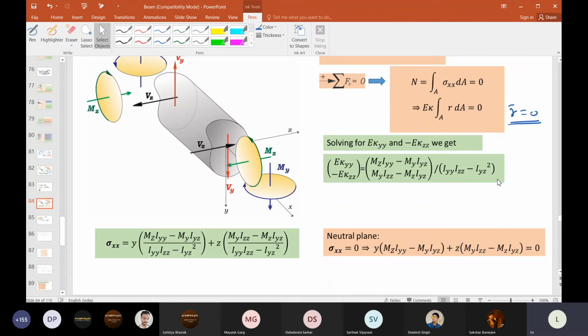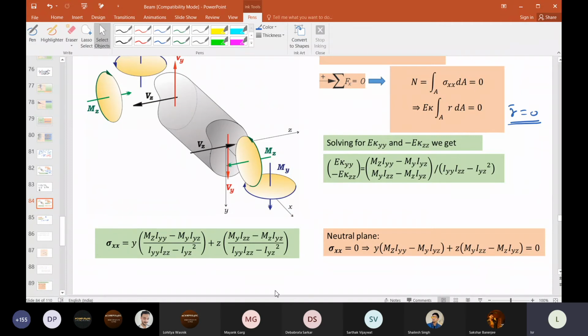Okay. Now, if I do that, the stress is given by y into E kappa yy. Y into E kappa yy you substitute, and z into E kappa zz you substitute. Because I am substituting minus E kappa zz, I am putting it as this.